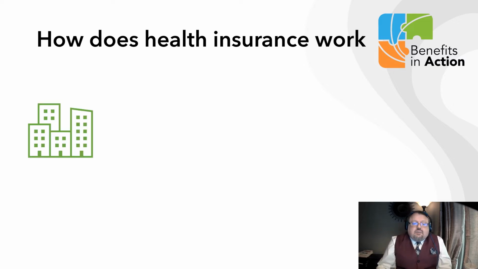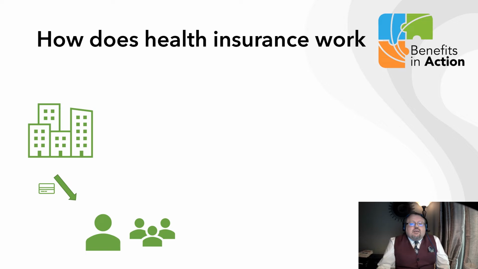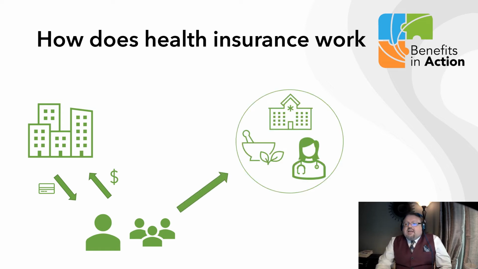So the insurance company, or in the case of Medicare, the government, offers you a policy as an individual in return for a premium. You then have access to a defined network of providers, hospitals, pharmacies, and doctors' offices.